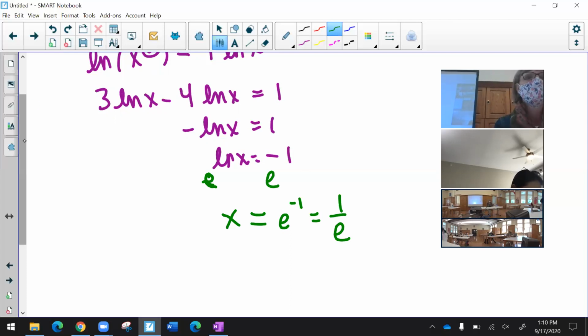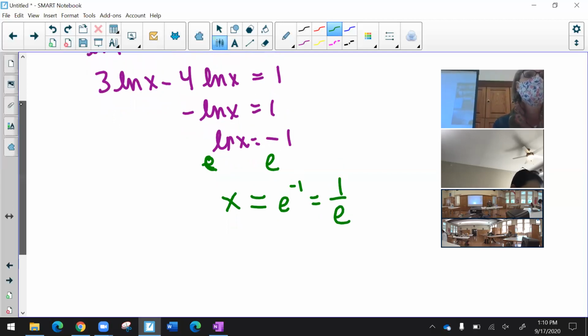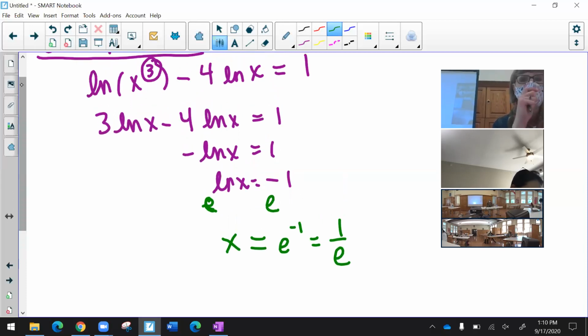What's up, Katie? Why did you put negative 1 as the exponent? Where does that come from? Why wasn't it multiplied? Because that's not what I'm doing.